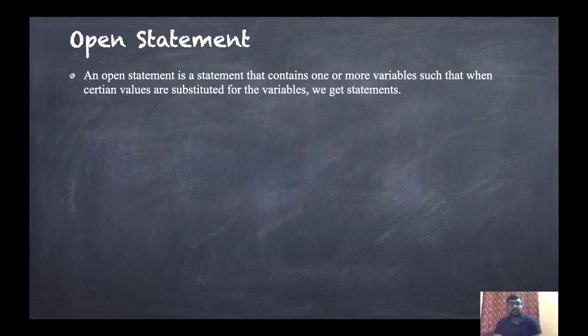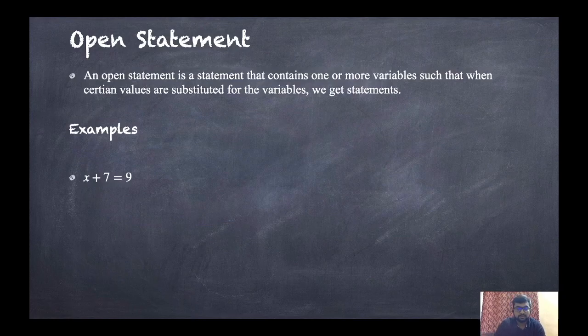Now, what is an open statement? An open statement is a statement that contains one or more variables such that when certain values are substituted for the variables, we get statements. Let us discuss examples. x plus 7 equals 9. Whenever we put x equal to some value, it will become a statement.